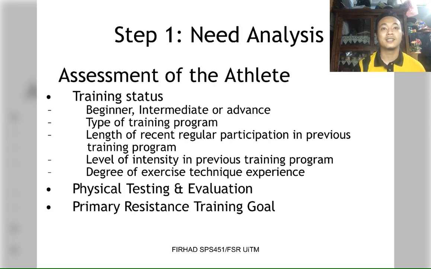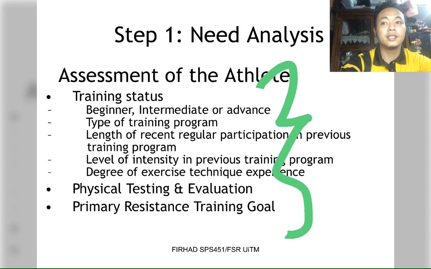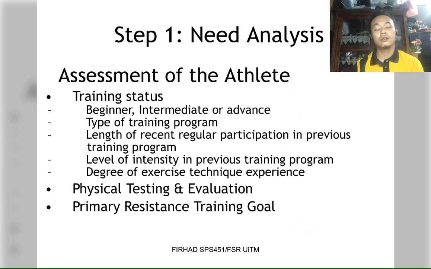And the last one is degree of exercise technique experience. Point number 2 here is physical testing and evaluation. What is the pre-test, for example? And then the last one is primary resistance training goal. What is your athlete's goal? And the keyword for all this assessment is that it all depends on your athlete.